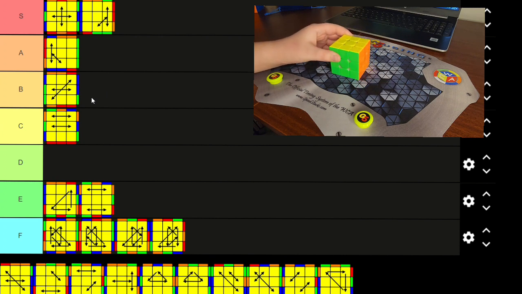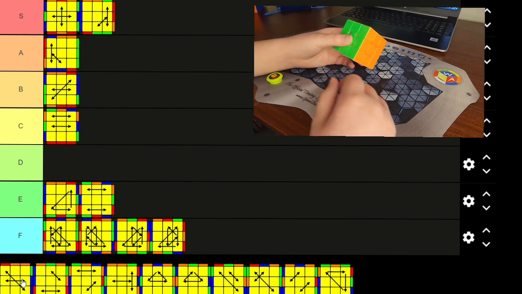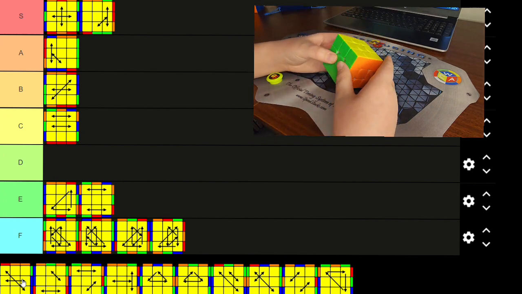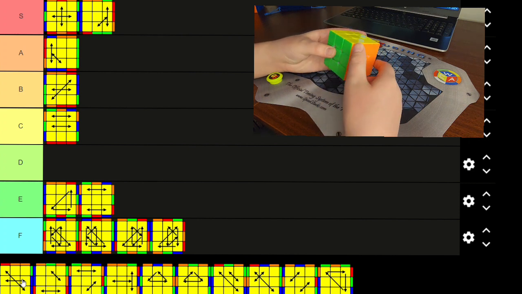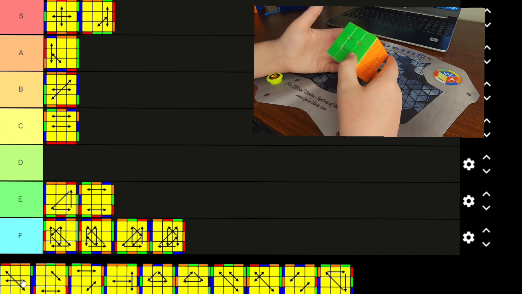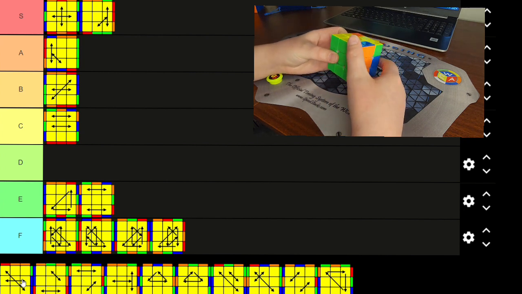Sometimes I get NA and NB mixed up, so it gets B tier. Now NB. I don't like NB very much just because it's so different from an NA perm, even though they do almost the exact same thing. So I just showed you what an NA perm is, but an NB perm is this.